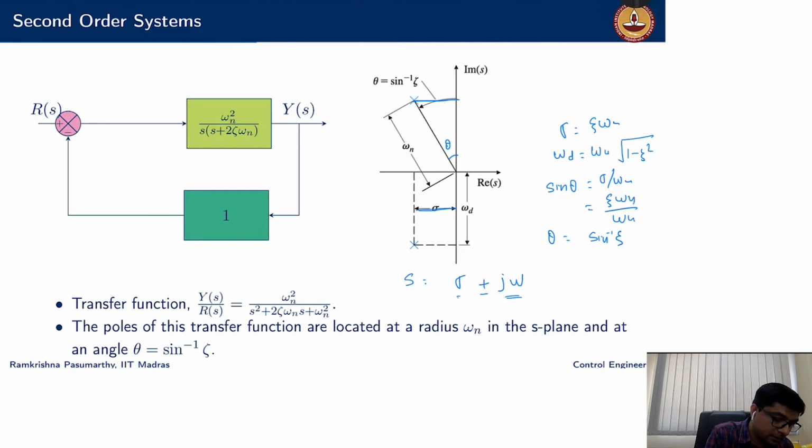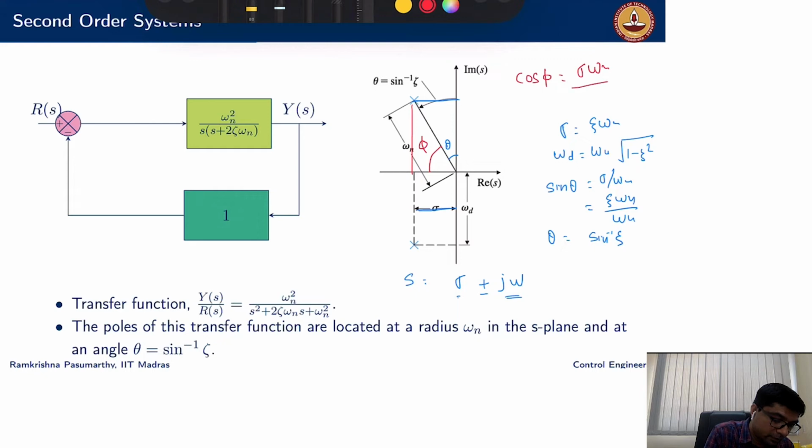Some literature or textbooks will use some other notation for this. They will call this phi. If this is phi, I can write cos of phi as sigma over omega n. I'm looking at this triangle now.